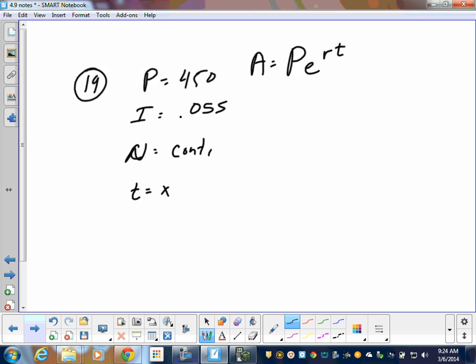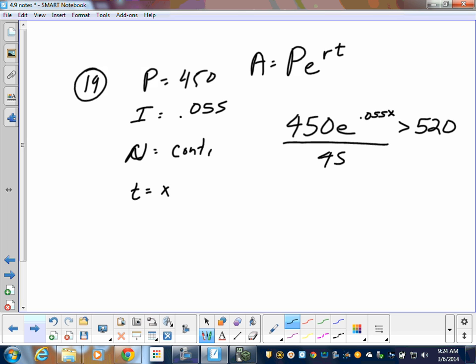So now, to work it, you go 450 e to the 0.055. X is what you're looking for, and you want to see for how long does it take us to get that amount over $520. What do I need to get rid of? 450.